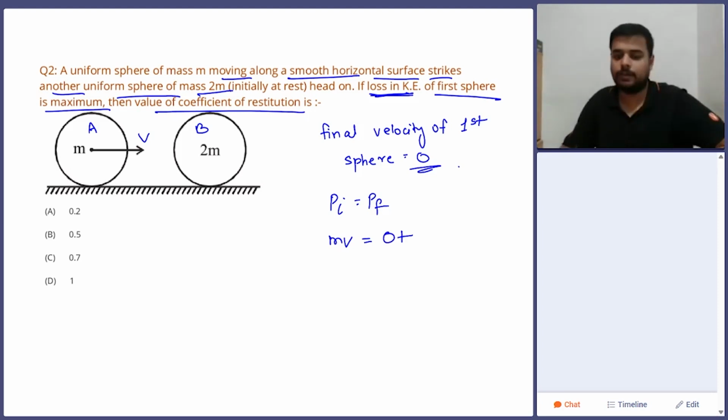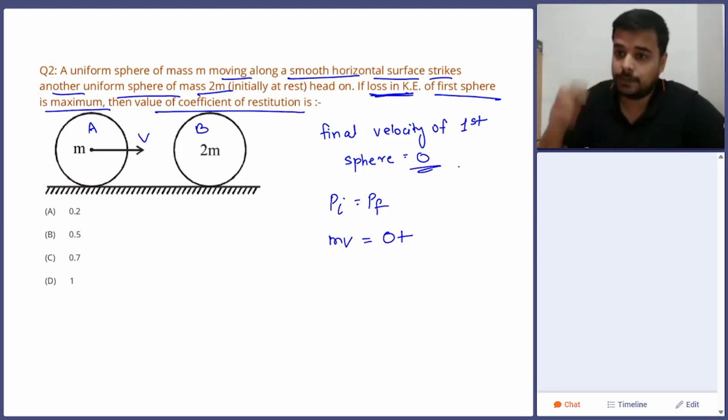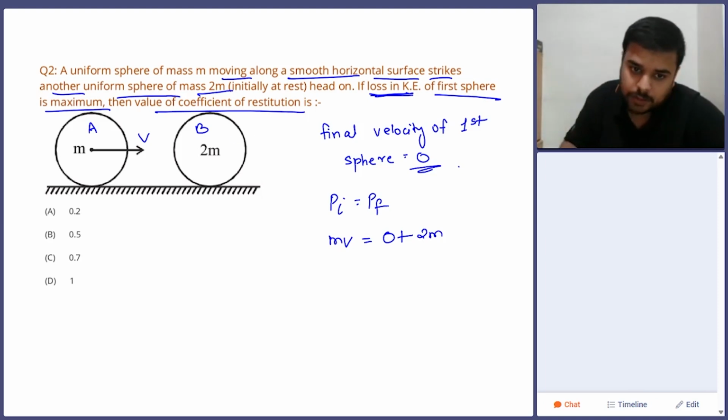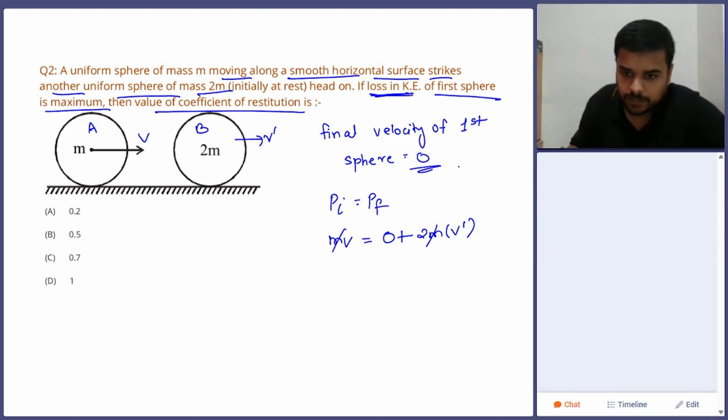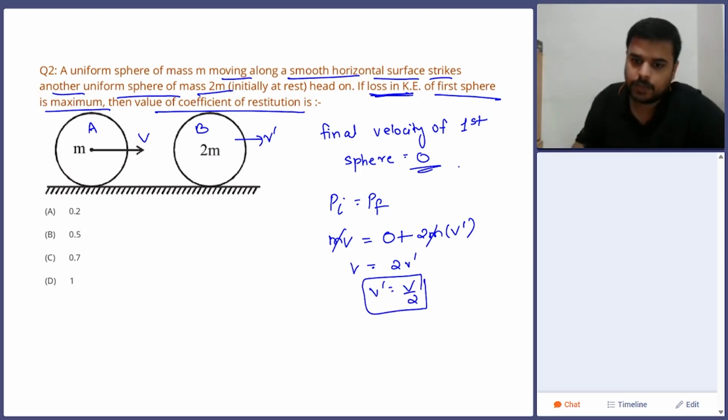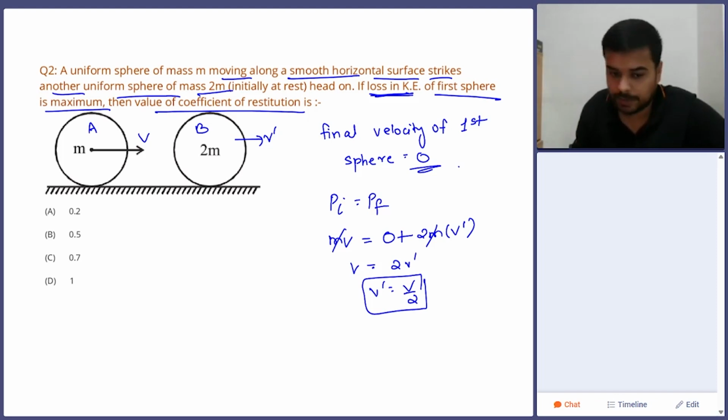And for the 2m mass object, the final momentum will be 2m, and suppose after the collision its velocity is v dash, so 2m into v dash. Cool. So here m will get cancelled, so v is equal to 2v dash, so v dash will be equal to v upon 2, right? This is the relation between final velocity of 2m mass and initial velocity of m mass.